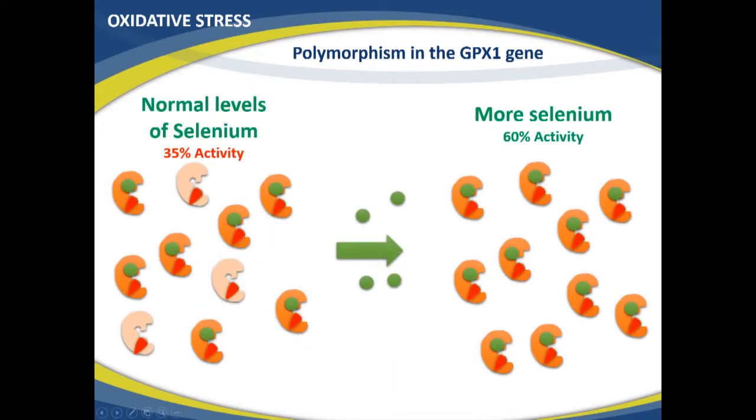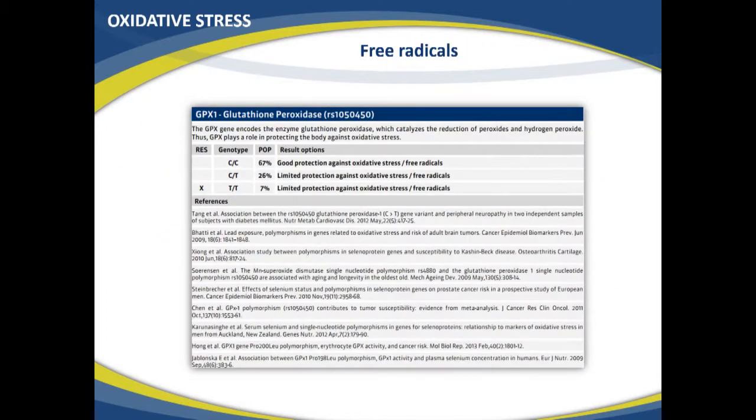This means that even when you have normal levels of selenium, you get low levels of activity. And science has shown that if you increase selenium even higher, you get more activity, and you can kind of rescue the protection from free radicals if you have the genetic variation by having higher levels of selenium.